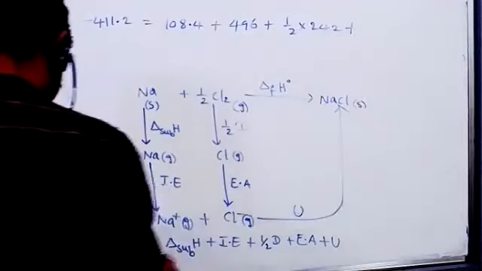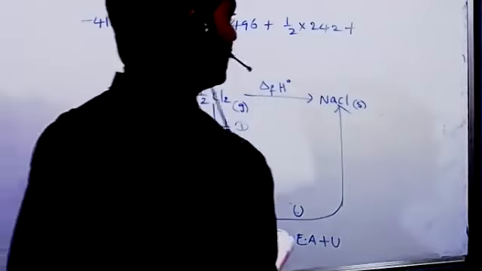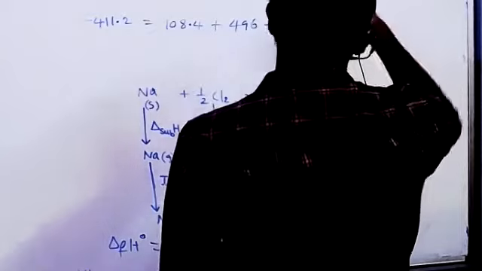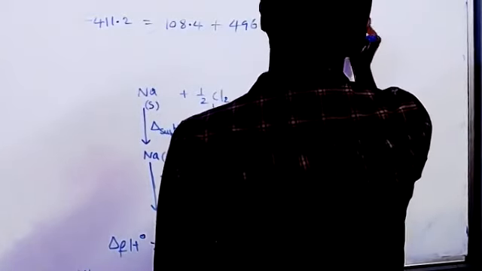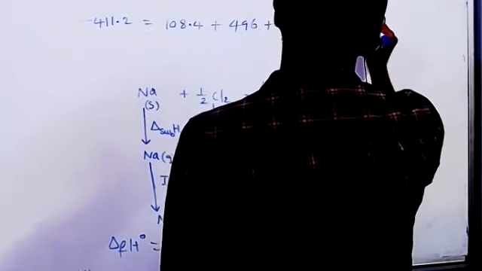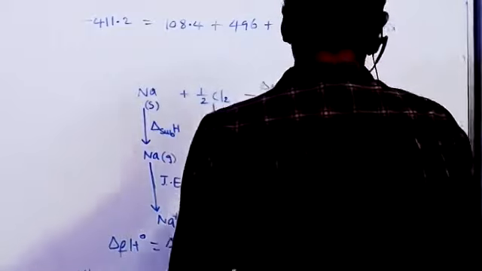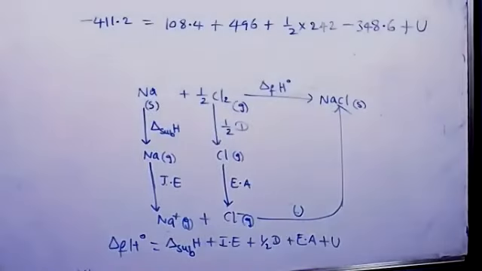Plus electron affinity. The electron affinity of chlorine is energy released. When an atom gains an electron, it releases energy. This is with a negative sign, minus 348.6. Then finally, plus U. This is not internal energy; it is the lattice energy.